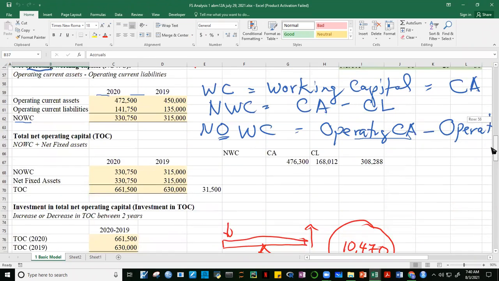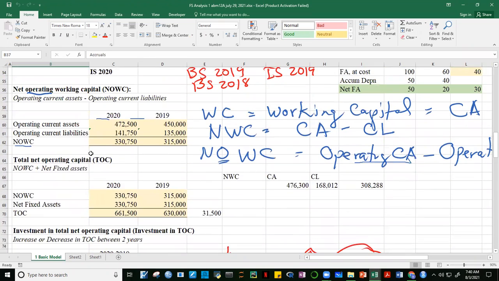We computed operating current assets as simply the sum of your cash, your receivables, and your inventory, and then net it against the accounts payable and accruals. We did not include the notes payable.